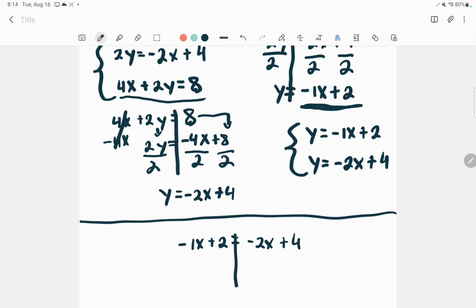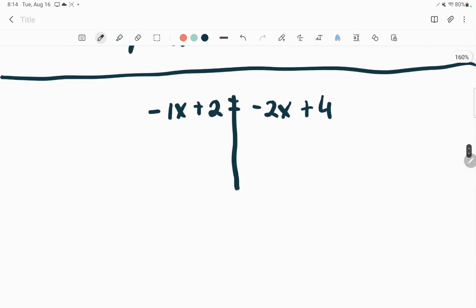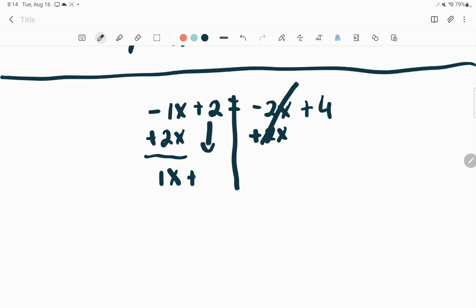Now, you can do this. At this point, I'm just combining like terms. I want to move this negative 2x. So I'm going to do the opposite. So I'm going to plus 2x, plus 2x. Those two cancel out. And what is negative 1 plus 2? Your answer is going to be 1x. Right? And then I'm going to bring everything down. So it's going to be 1x plus 2 is equal to 4.